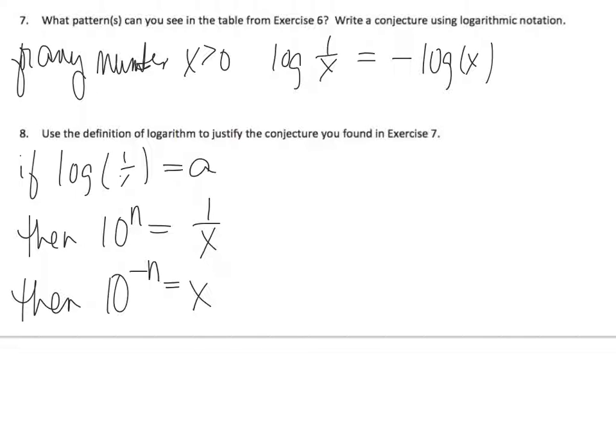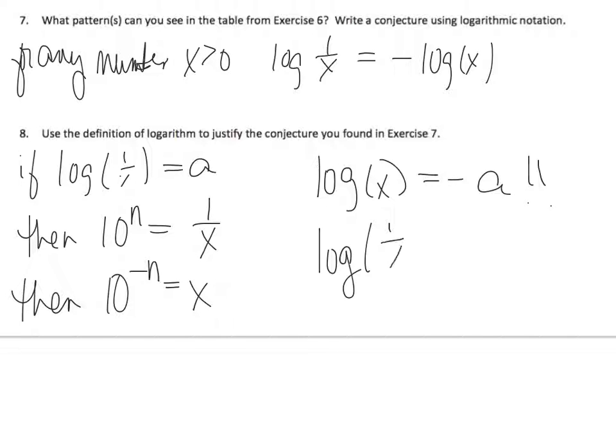Therefore, we must look at log x equals negative n. Or, with what we're doing, log of 1/x equals negative log x. And that'll make total sense with a few practice problems. Cool? Let's do the practice problems.